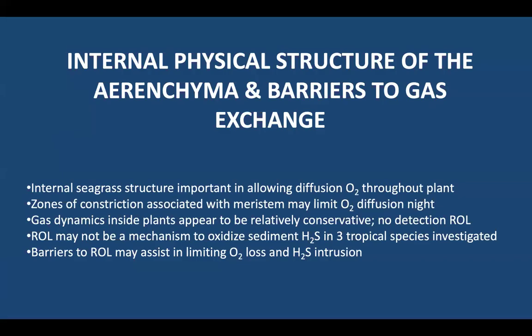You wouldn't want to lose oxygen as it's going down into the root tip, so you continue to have aerobic respiration and grow. Root oxygen loss may not be a mechanism to oxidize sediment hydrogen sulfide, at least in these 3 tropical species that we've looked at. And then barriers to root oxygen loss may assist in limiting oxygen loss and sulfide intrusion.